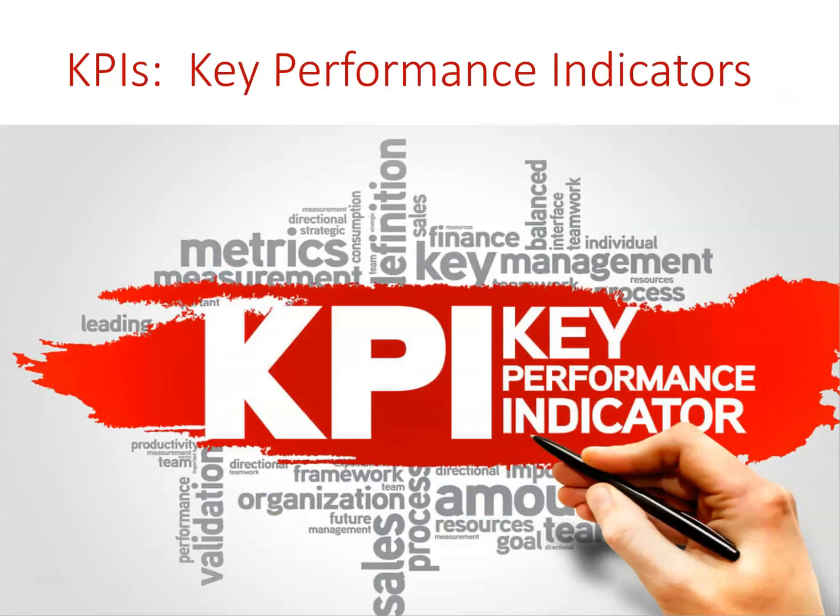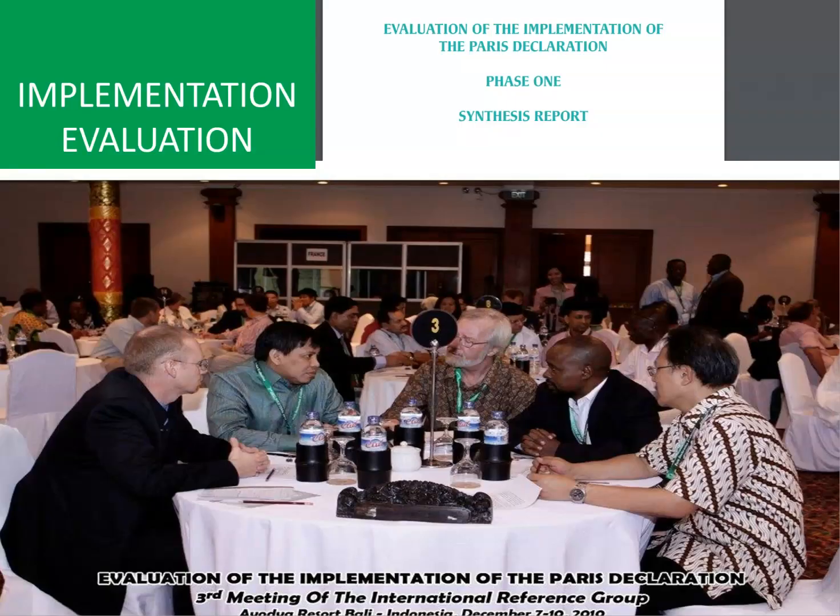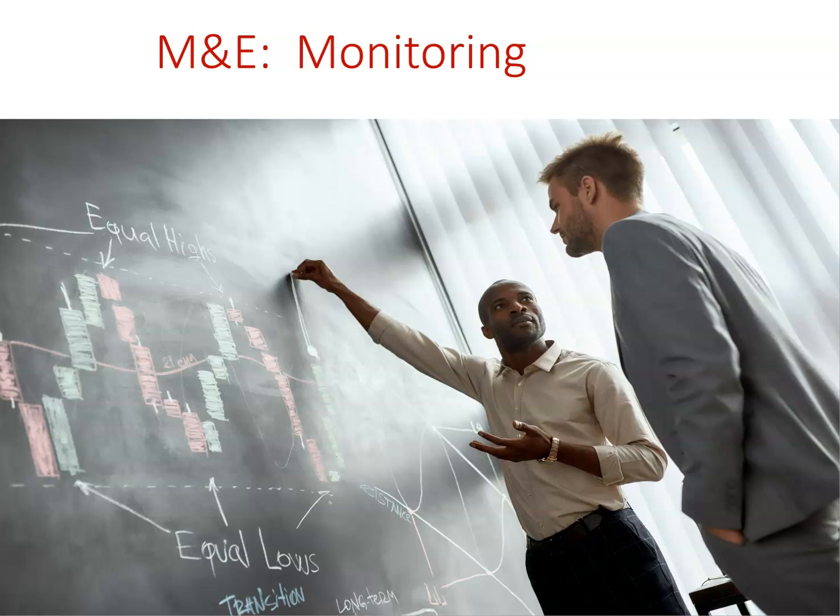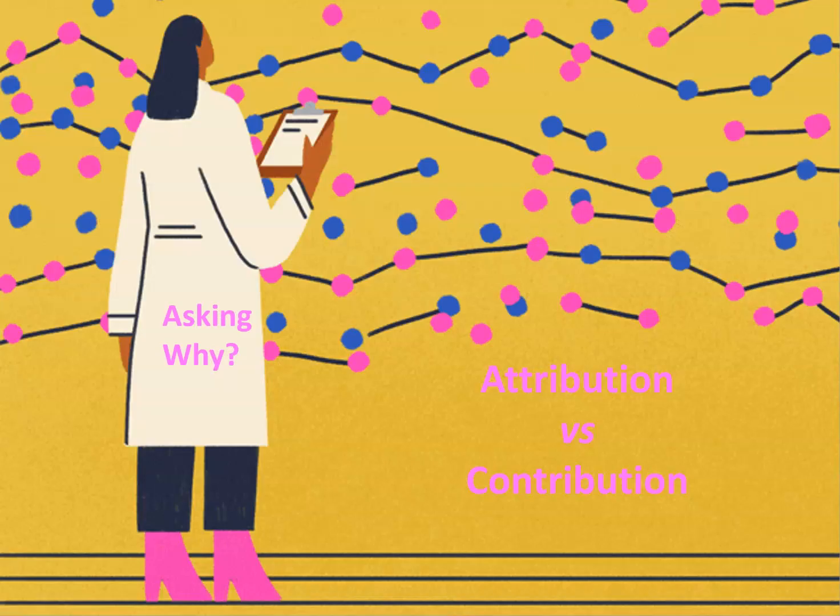Key performance indicators, KPIs, describe levels of achievement. Implementation evaluation describes what's been implemented. It's a descriptive process. In M&E, the monitoring data are primarily descriptive. What are the patterns? What are the trends?